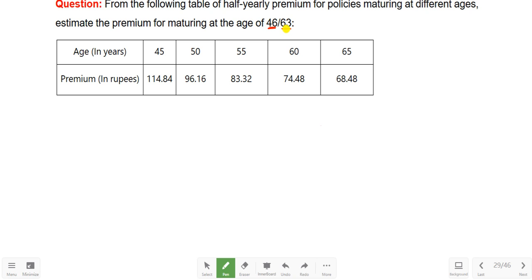So when we compute the premium at the age of 46, we have x = 46, and x = 46 lies between the first two values of the given data set, 45 to 50, that is, x = 46 belongs to 45 to 50.